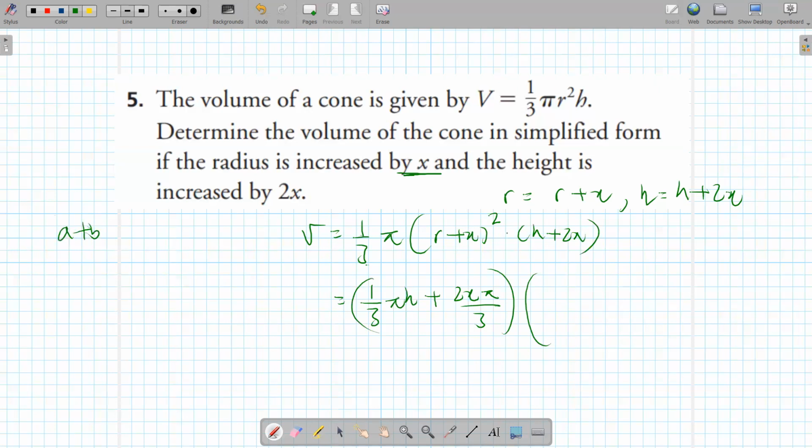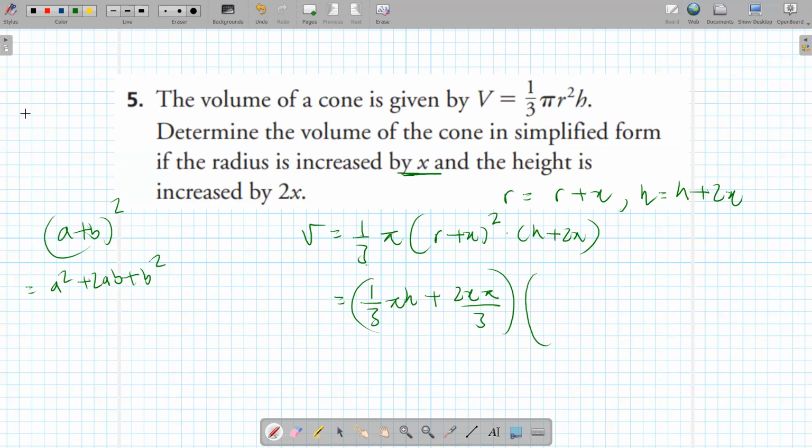Difference of squares is pretty simple, but this is a whole squared. This is a squared plus 2ab plus b squared. Or you can FOIL them as well and add them up, but this will save you 10 seconds, 15 seconds. Probably will save you a long time over your studies.